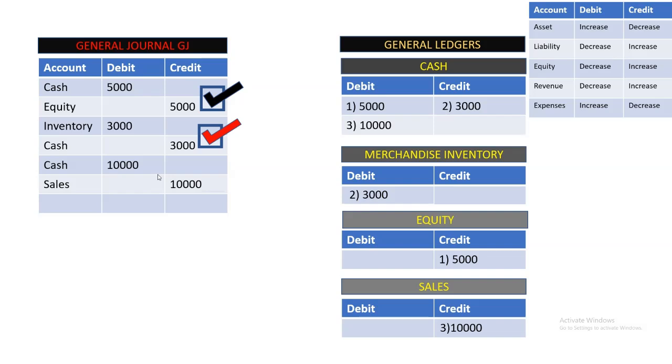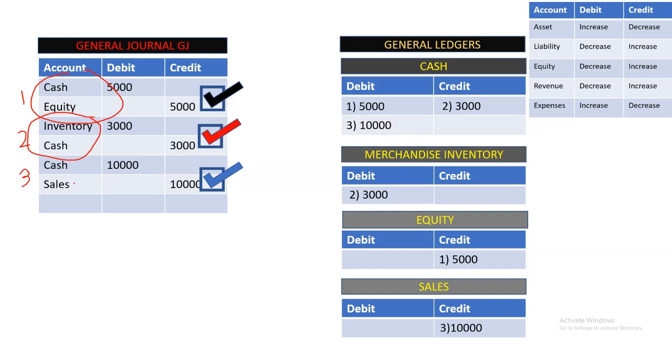So let me break this down for you. This is just simple. The first journal entry is this one: investment worth 5,000. The second one is the purchasing of the inventory, goods for sale.